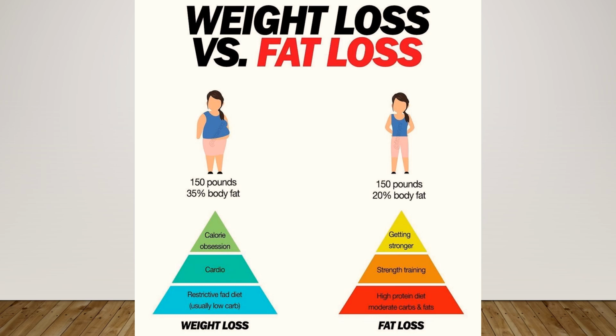She takes care of only the cardio part, and she's following a restrictive fat diet, usually low carbs. With a low carb diet, cardio based workouts, and calorie obsession, you're going to weigh less, but you're going to look bulgy or look heavier than your weight.